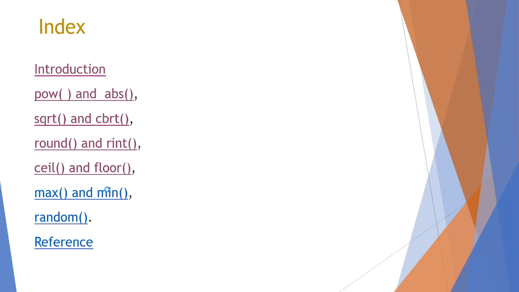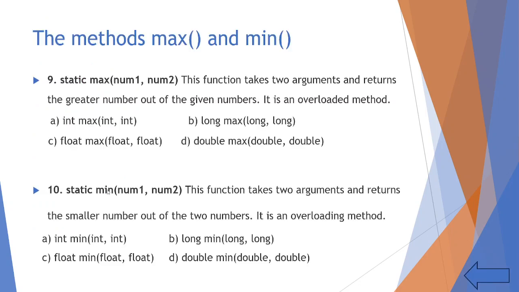Max and min we know, but there are 4 overloaded functions. Int max, static only. If you pass integers, it returns the integer maximum out of 2 integers. 4 and 5, 5 is returned. Long also, double also, float also. 4.5, 4.9, it returns 4.9, and so on.